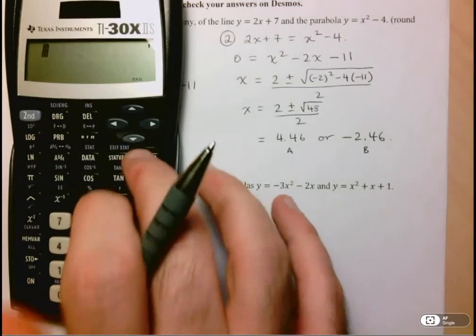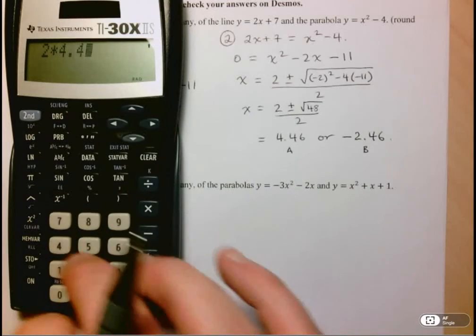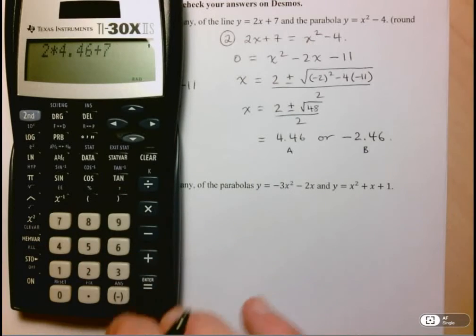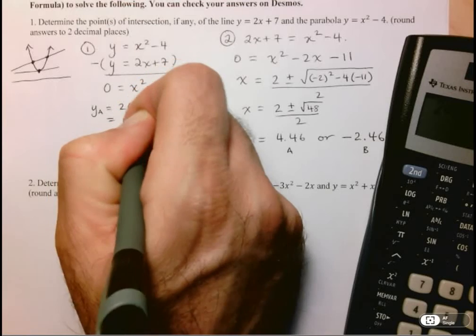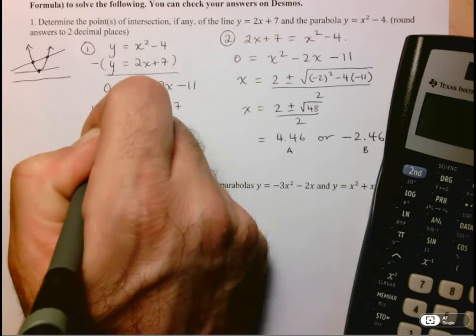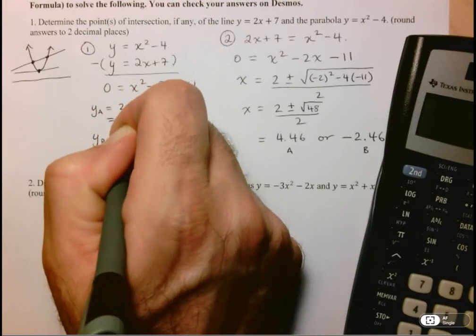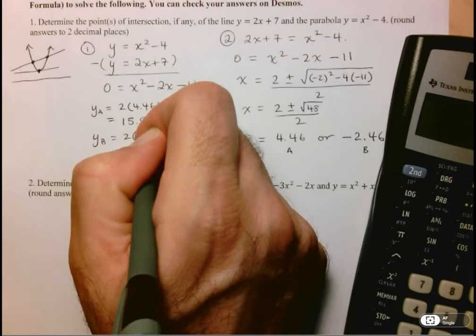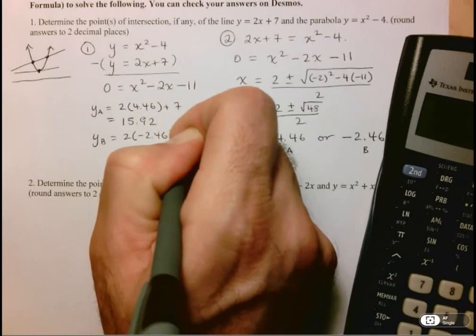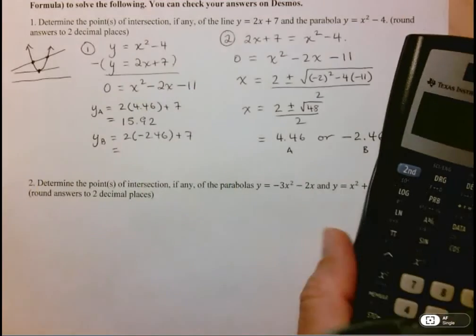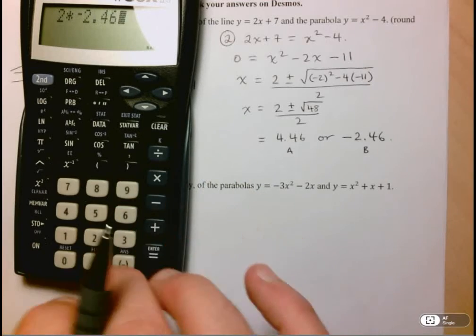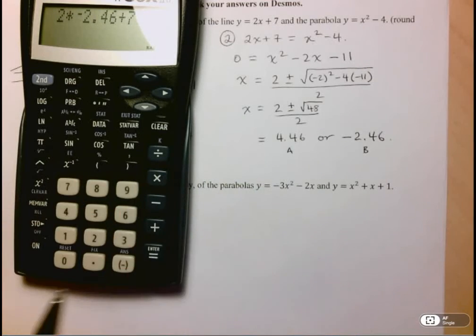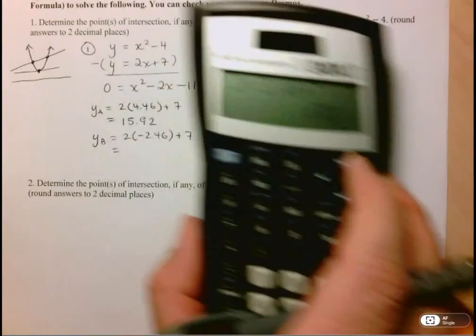So that's 15.92. And then the second y value will be 2 times negative 2.46 plus 7, which gives us 2.08.